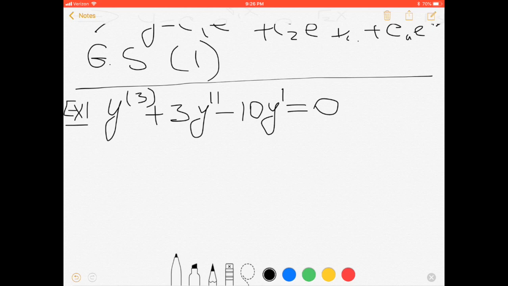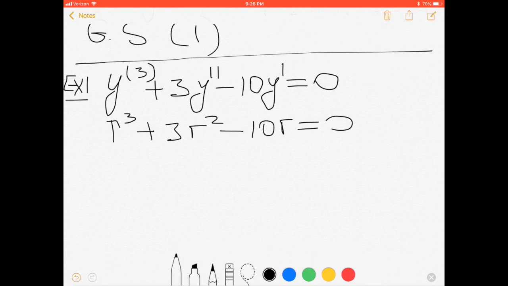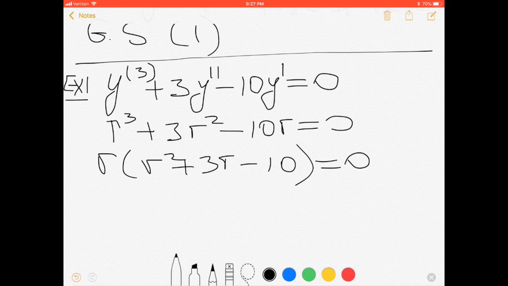It will be r cubed plus 3r squared minus 10r equals 0. We try factoring r out: r times r squared plus 3r minus 10 equals 0, r equals 0, and here we have r plus 5 times r minus 2.